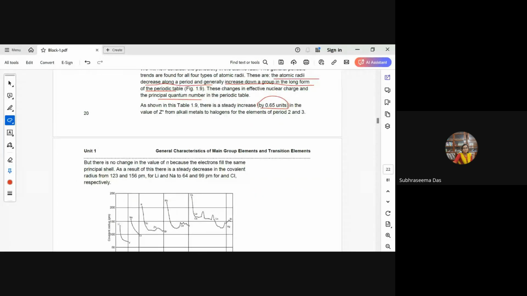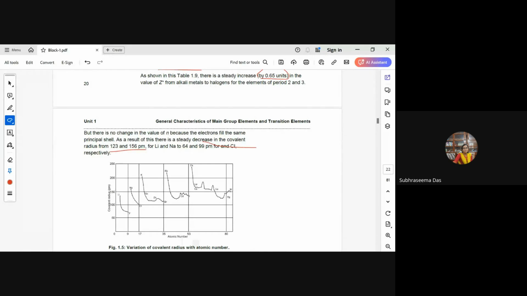But there is no change in the value of n, because the electrons go into the same n shell. As a result, there is a steady decrease in the covalent radius. As Z star, the effective nuclear charge, increases along the period while n, the principal quantum number, remains constant, the atomic radii decrease as we move along a period.